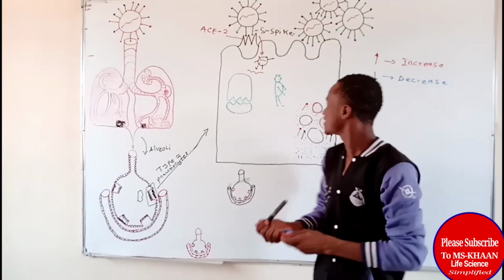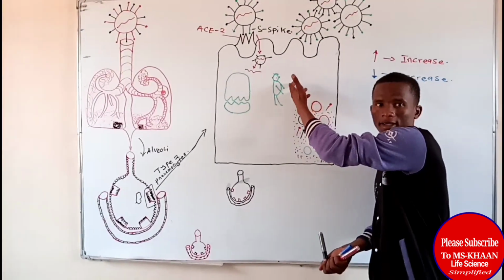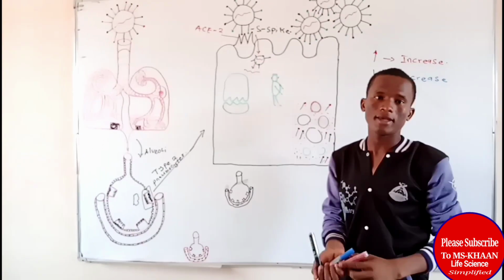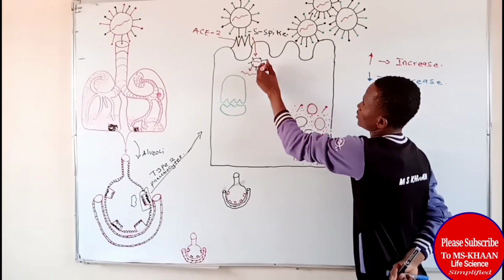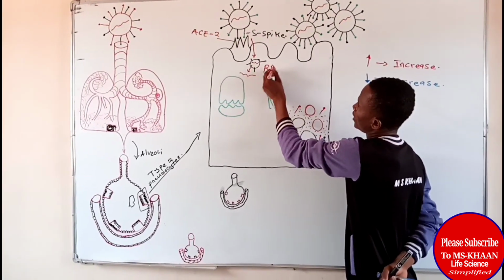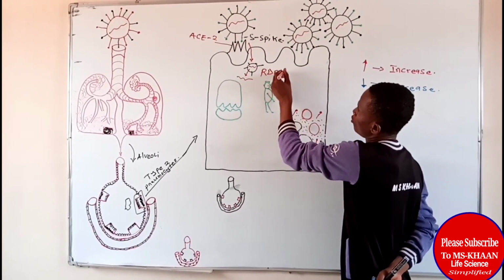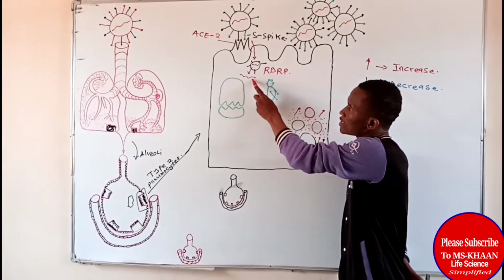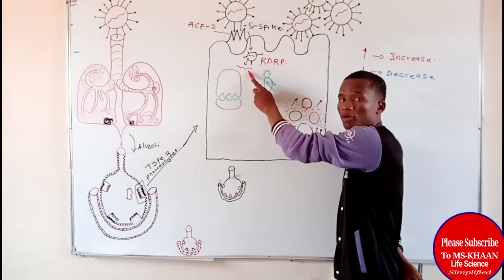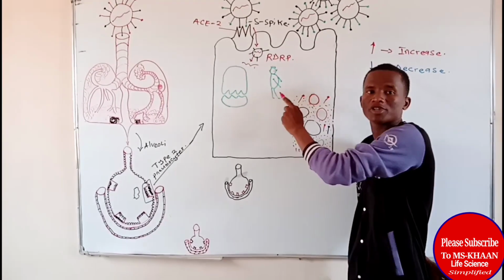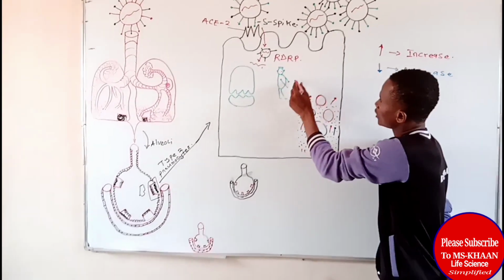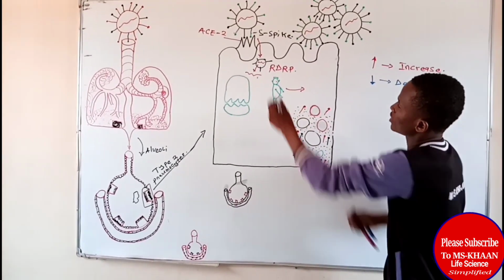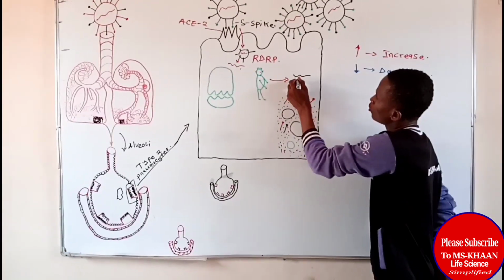And what happens next? Look at this guy here. It's an enzyme called RNA-dependent RNA polymerase. And what does he do? He copies this positive sense single-stranded RNA molecule and makes many copies of it.